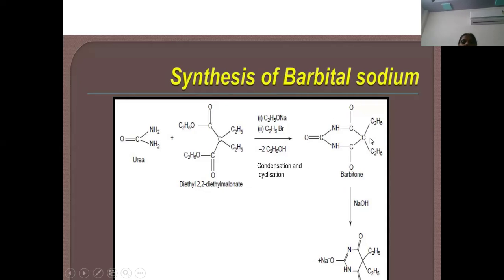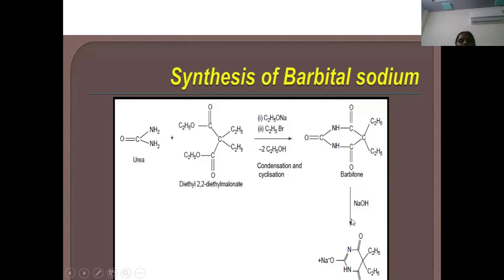Barbitone, as you know, is a 6-membered ring with 2 nitrogens at the 1 and 3 positions, and 3 C double bond O groups at the 2, 4, and 6 positions. That is the structure of barbitone. Again, we react it with NaOH, so that we get barbital sodium.